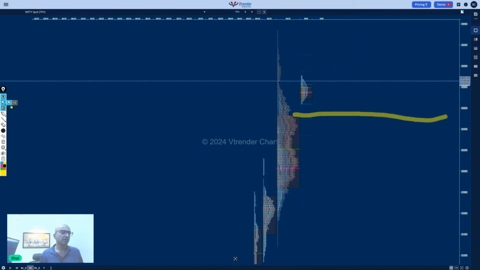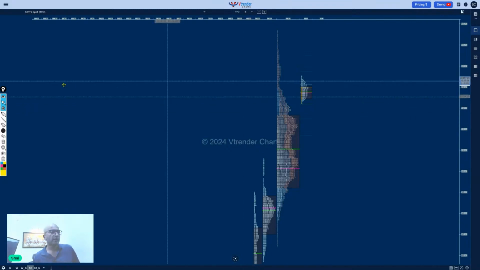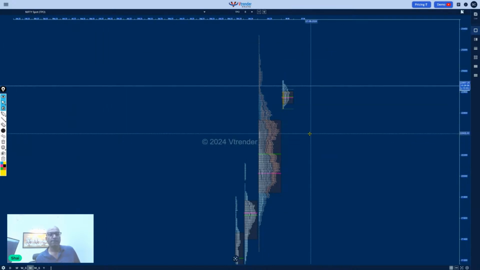So a few things happened in that move on Tuesday. We were actually above this value area, but we came down through this value area on Tuesday right here, and went right down to this value area low.